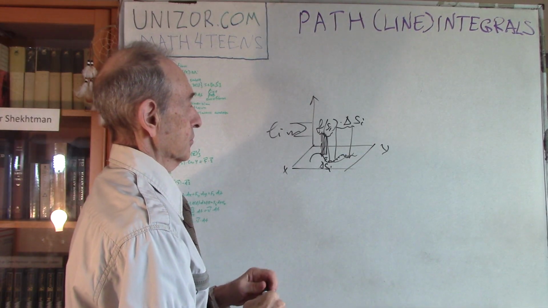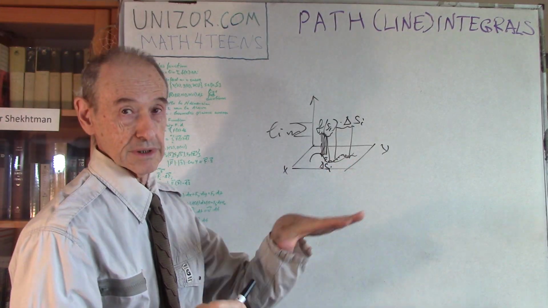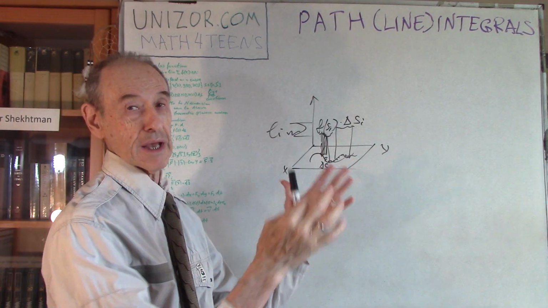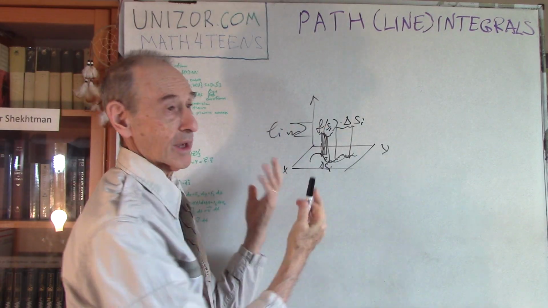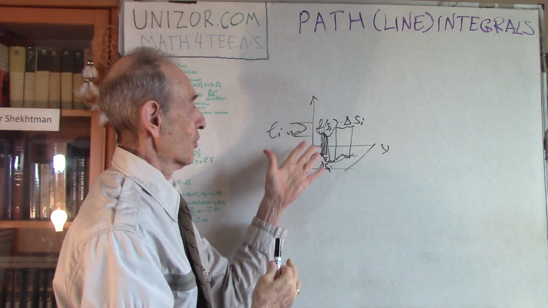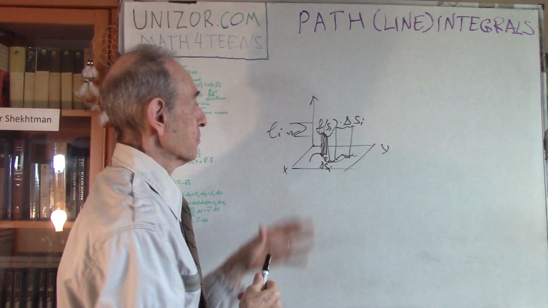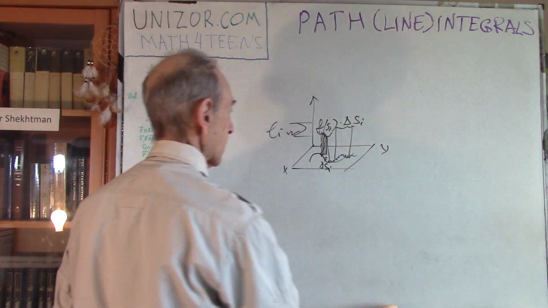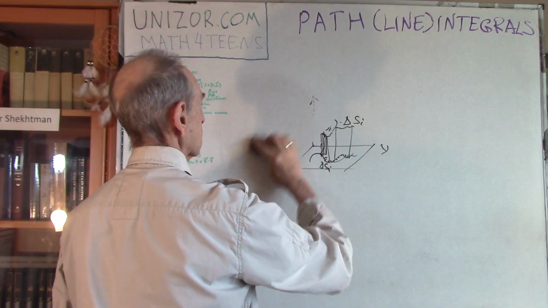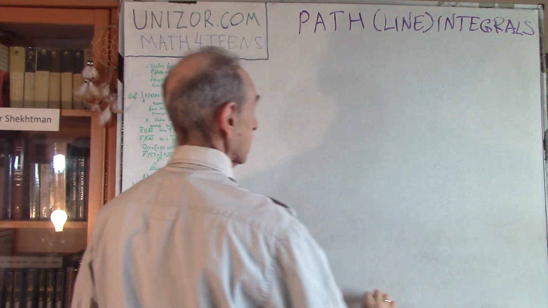Now in 3 dimensions, if the curve is not flat, if it's in a 3-dimensional space, I can't even imagine how I can draw it, because there is no 4th dimension for the value of the function. But we still consider it algebraically, and that's exactly what I'm going to do to define a path or a line integral.